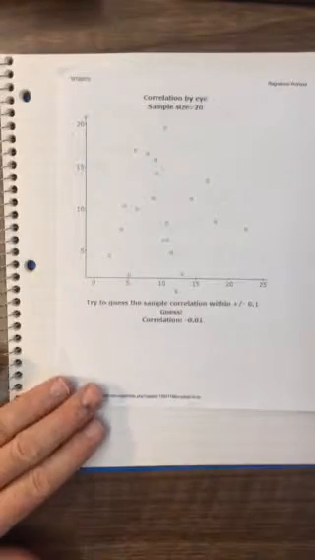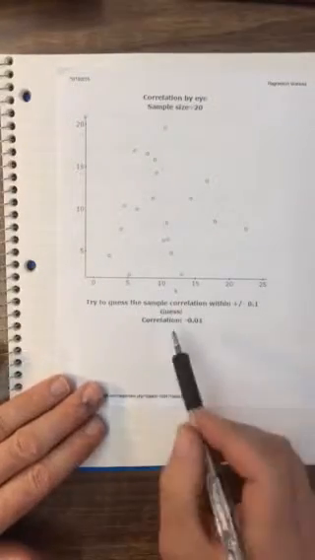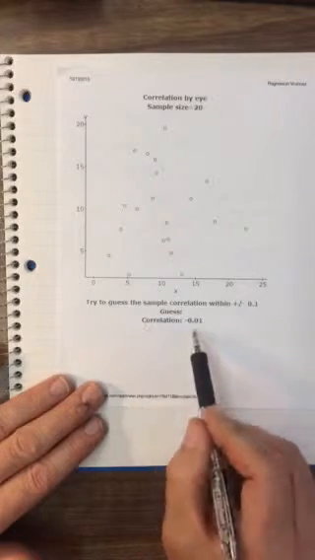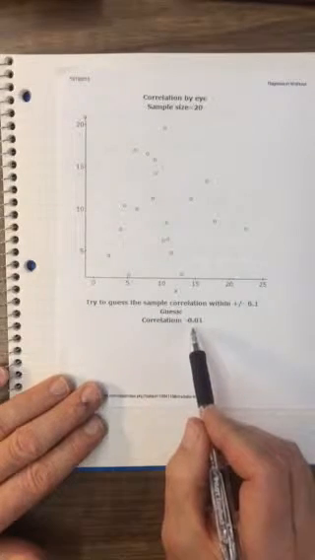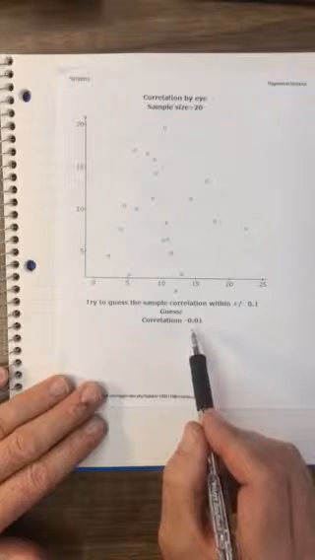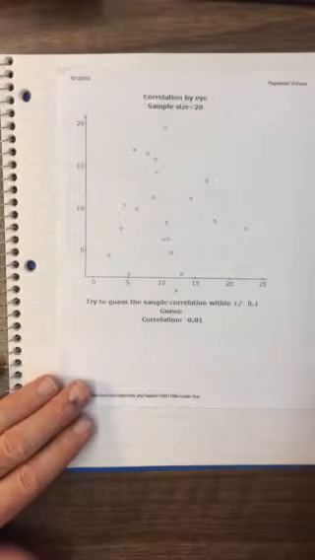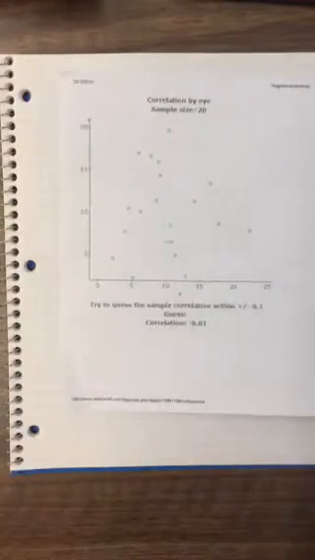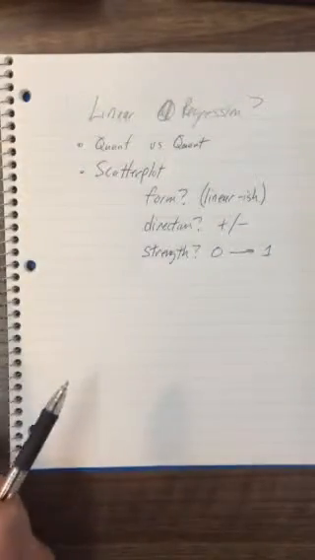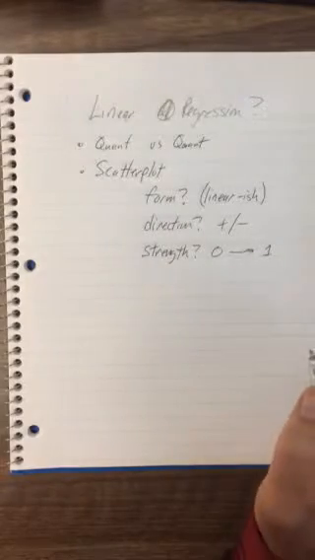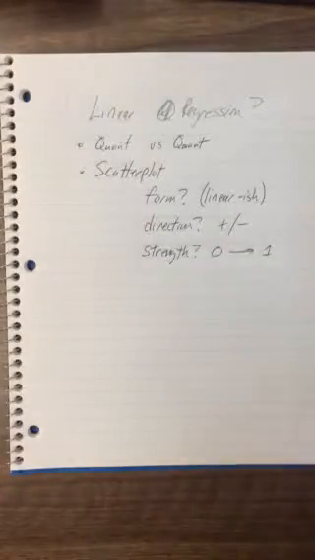Compared to this one, which we said isn't very linear looking, and now we notice the correlation is slightly negative. I can kind of see that now, but really close to 0. We're looking at negative 0.01. Okay? So that is strength.